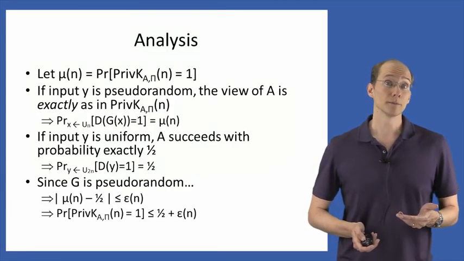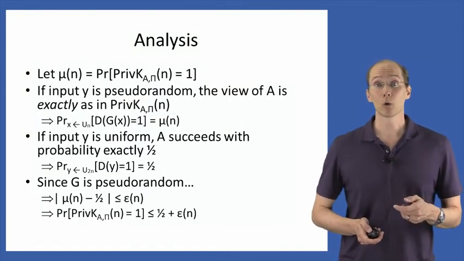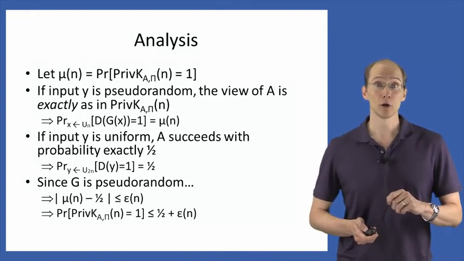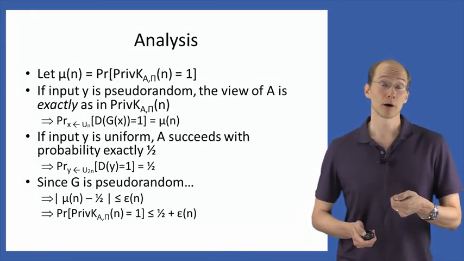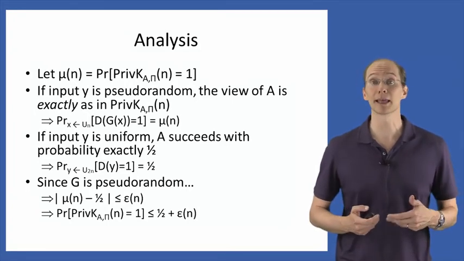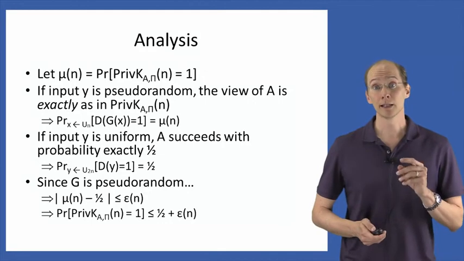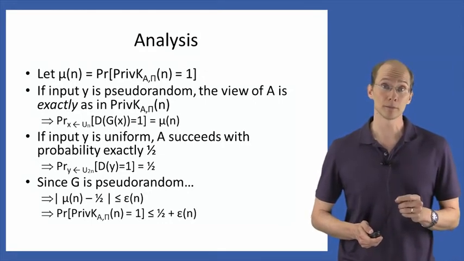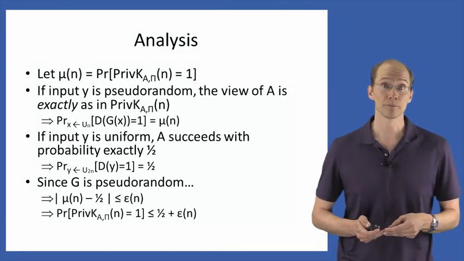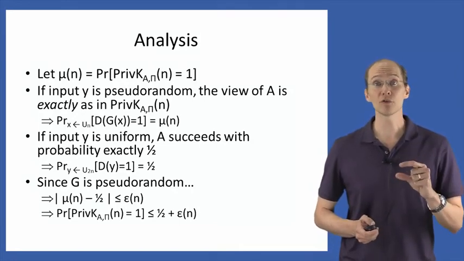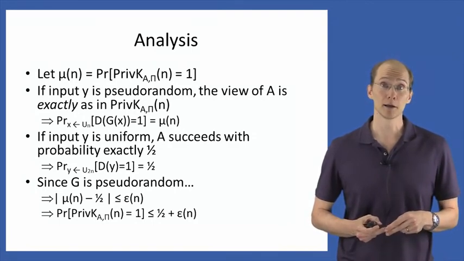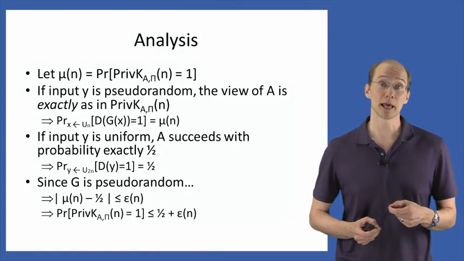Now we're almost done. So we've related the probability with which D outputs 1 in each of those two cases to, in one case, the probability with which A succeeds when attacking the pseudo one-time pad, and in the other case we've explicitly calculated it to be equal to 1/2. Now by the assumption that G is pseudo-random, and because D is efficient, because D is polynomial time, we know that the difference in probabilities with which D outputs 1 in those two cases must be bounded by some negligible function.